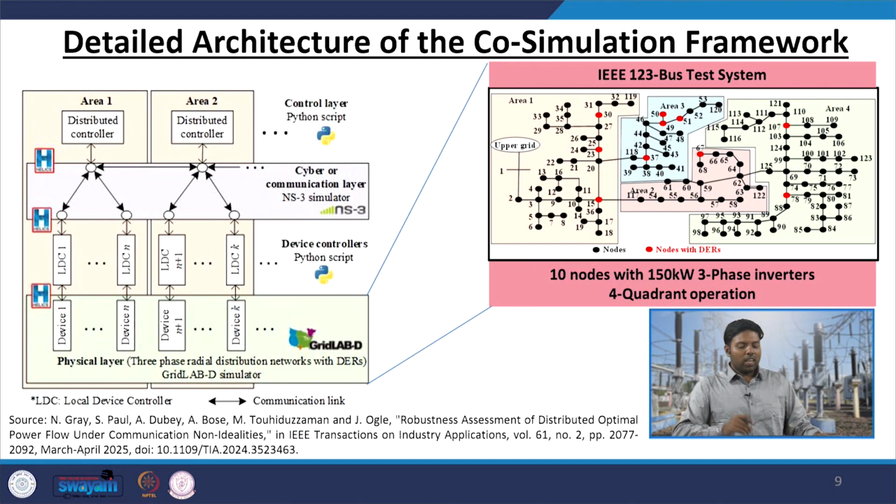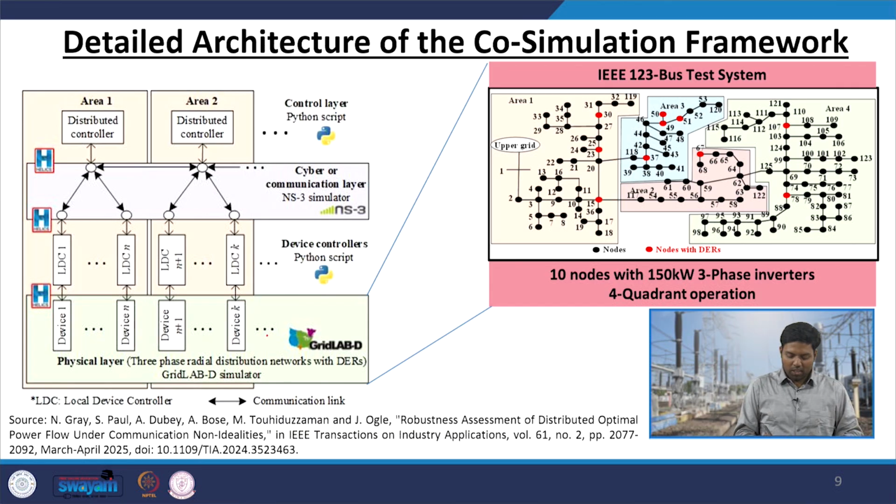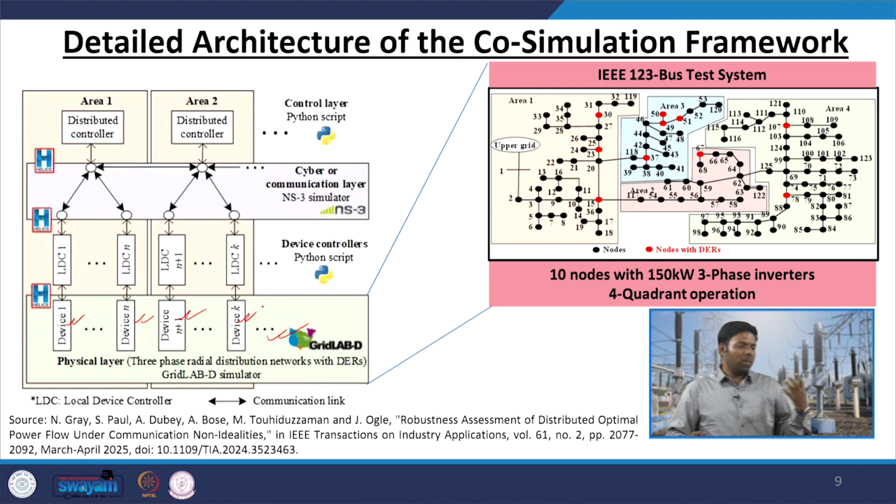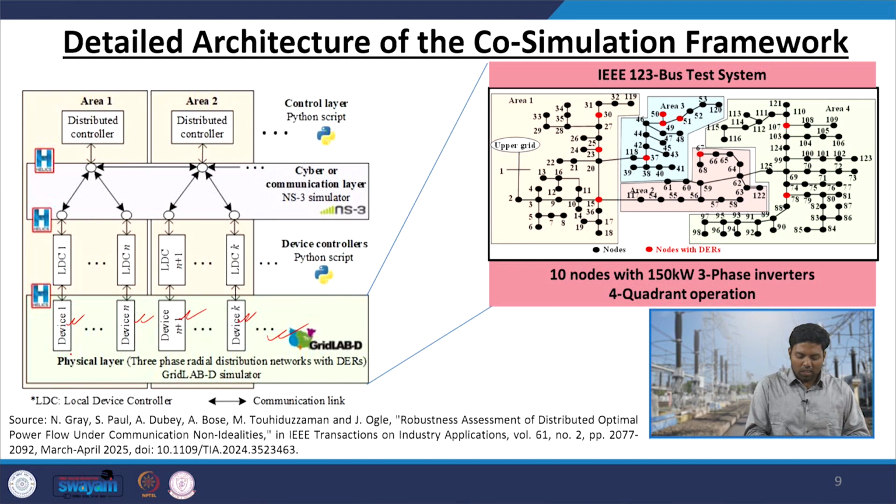This is the detailed architecture of your co-simulation framework, where you have a physical layer. Every point where you want to control or take data from will be represented by these devices. It may be a meter, a DER controller, or a storage, any kind of device from which you are fetching data.